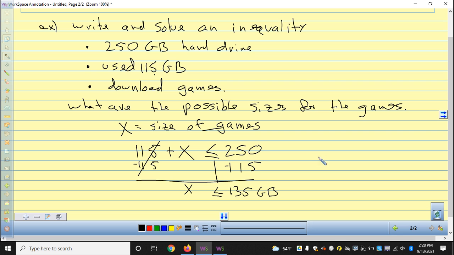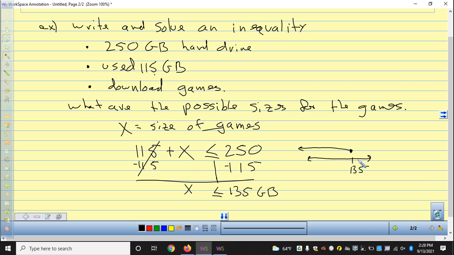And if we wanted to graph this inequality, there's 135. Is this going to be an open or a closed dot? Closed dot because we have an equal. And we need to be less than. So our arrow goes to the left, same direction as in our inequality because our variable's on the left-hand side.